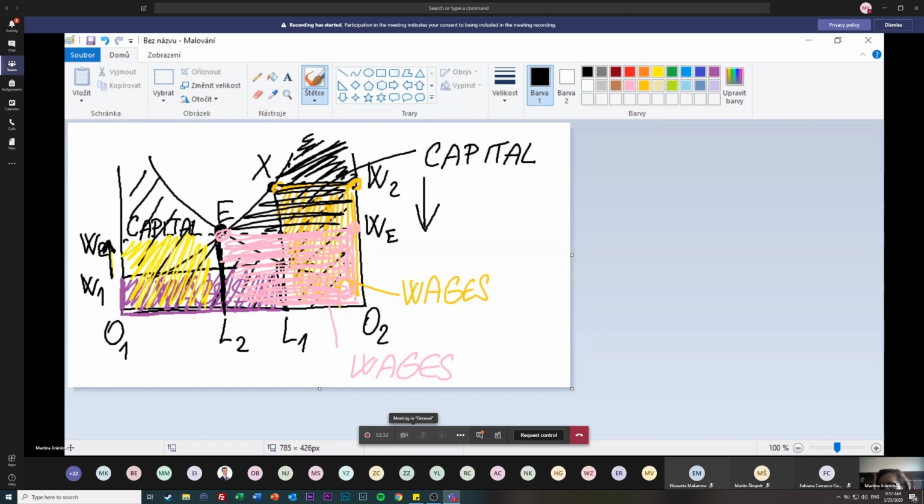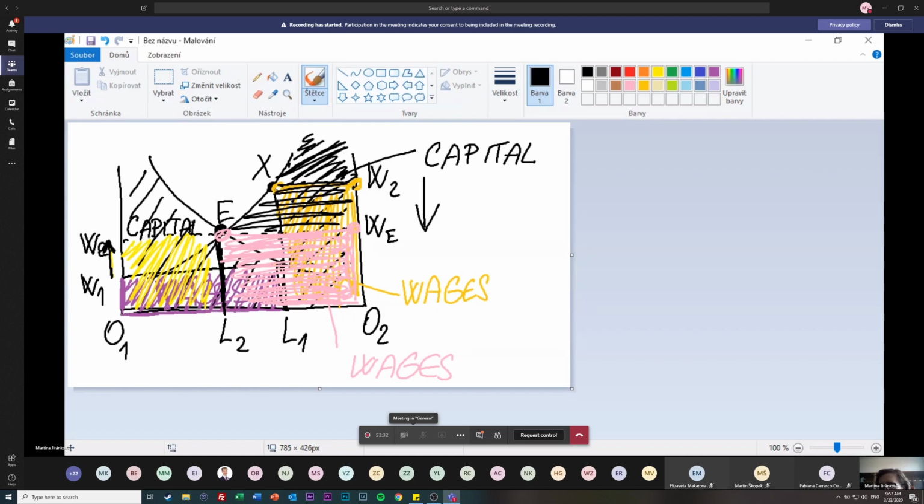But the situation of capital owners worsened. So wages increased, and the situation of capital owners worsened. In the second country, it's opposite.